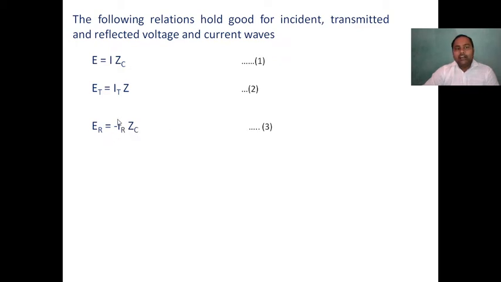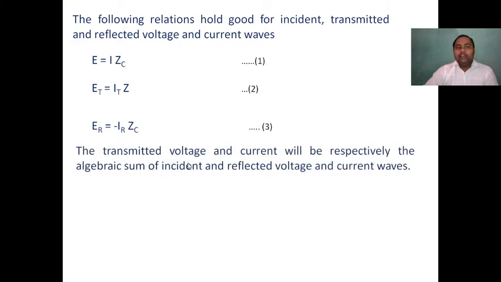Why do we get a negative sign for the reflected current? The wave traveling from the sending end to the receiving end has positive polarity. The wave traveling from the receiving end to the sending end is the reflected wave, and definitely it has a negative sign. So the reflected voltage is equal to minus IR into ZC.